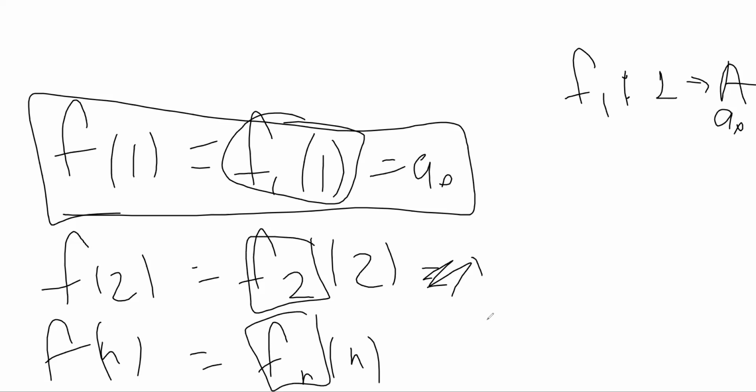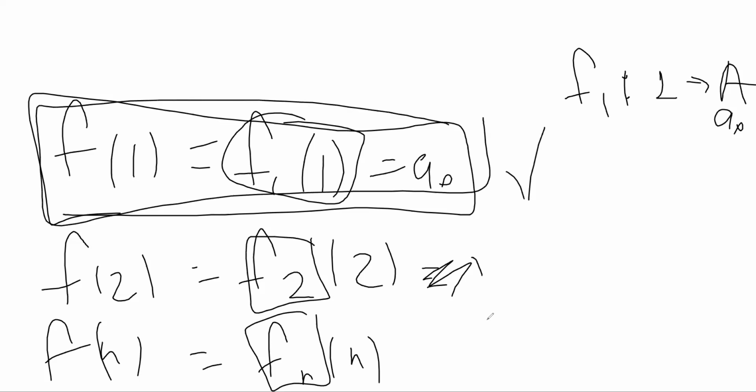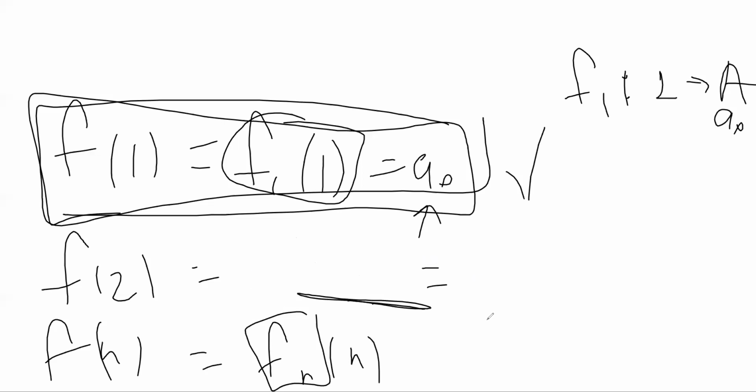So how about we make this one stay, and make the next one always different from the previous? Well, we look at all possible values: we have f21 and f22.